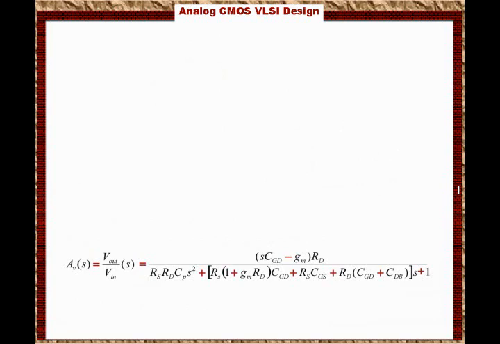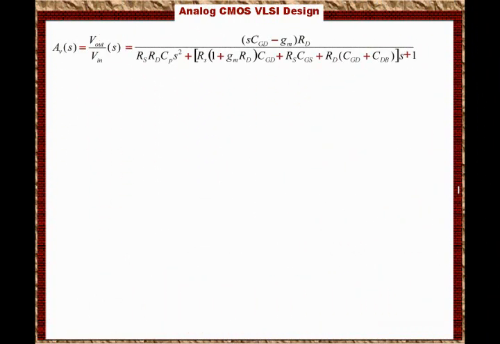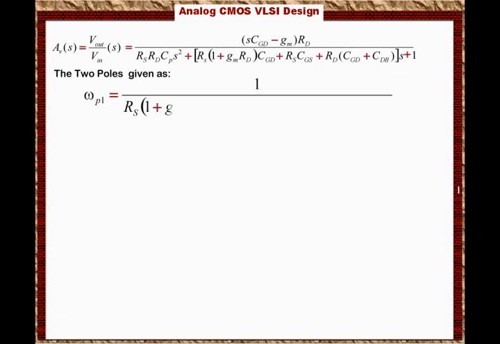As I said, the denominator of the rational function of the gain is a second order polynomial, so we have two poles. The first pole, omega P1, equals 1 over RS times (1 plus gm RD) times CGD plus RS times CGS plus RD times (CGD plus CDB).